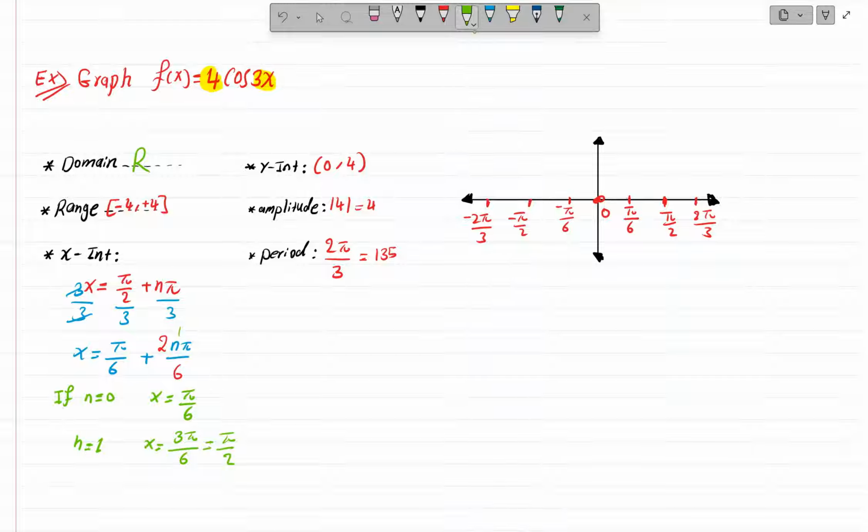Remember, our range is from 4 till negative 4, right? We say that the graph starts from the range from both sides, passing through these values.